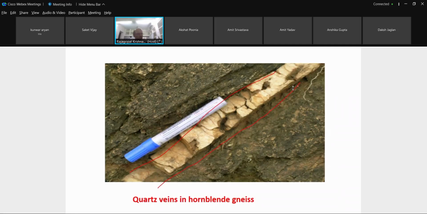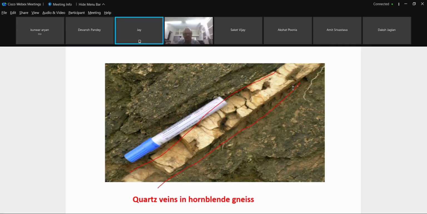Have you got the advanced structural geology paper now? Hello? Sorry, sir, we didn't get it. Can you repeat, sir? You must have studied a structural geology course. Yes, sir. In first year. And there is another course called Advanced Structural Geology. Sir, we have Structural Geology 1 and Structural Geology 2, sir.